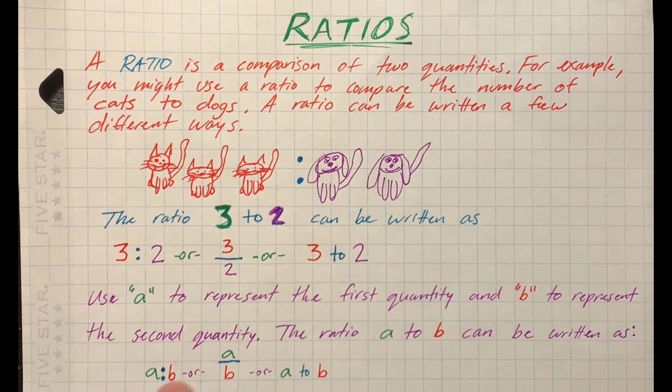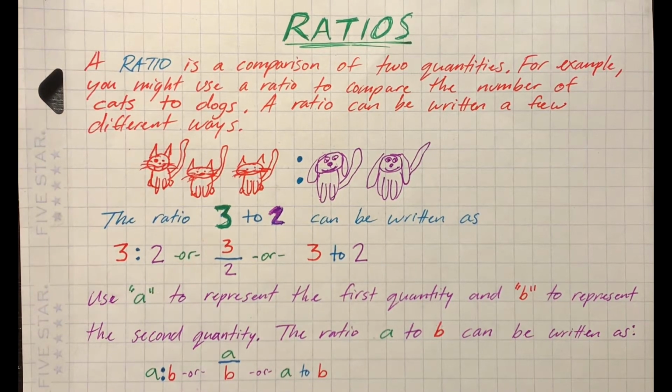The colon, the fraction bar, and the word to all represent the same thing. So now we're comparing two different quantities, the first quantity compared to the second quantity. All right, let's go ahead and continue.